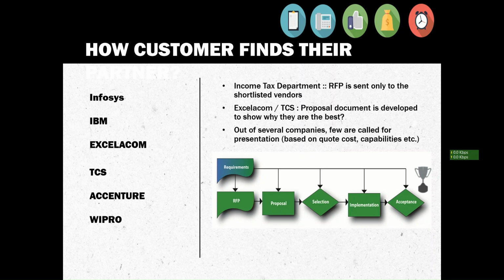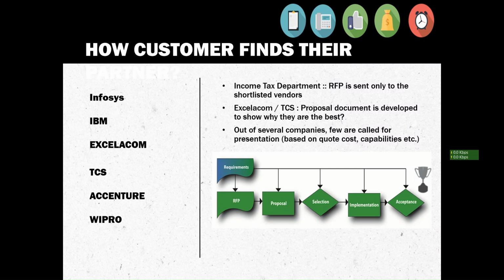Once they give the proposal and the POC, the customer will select the vendor. Once a vendor is selected, all the quality, cost, and capabilities are settled, and then they'll go for implementation of the project. After implementation, testing, coding, and deploying, there will be acceptance from the client and delivery to the client.